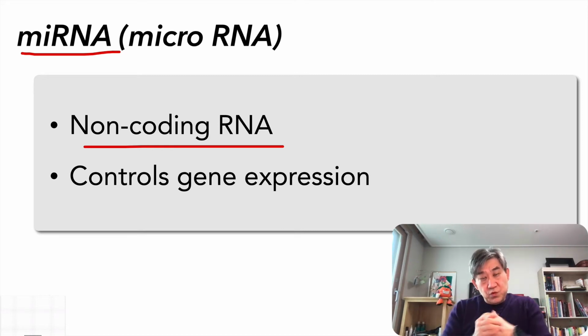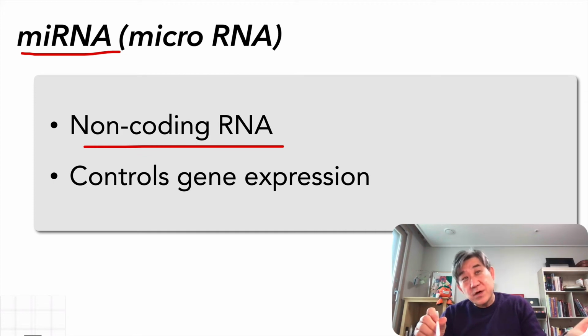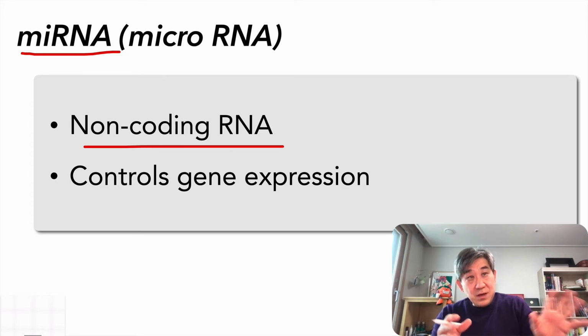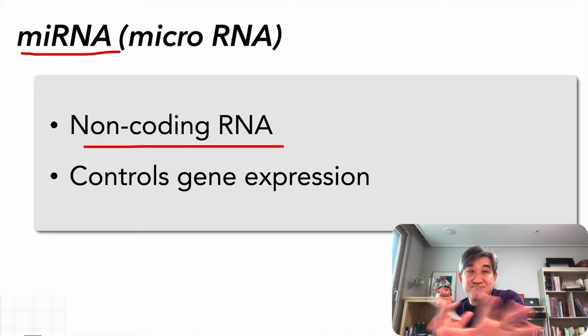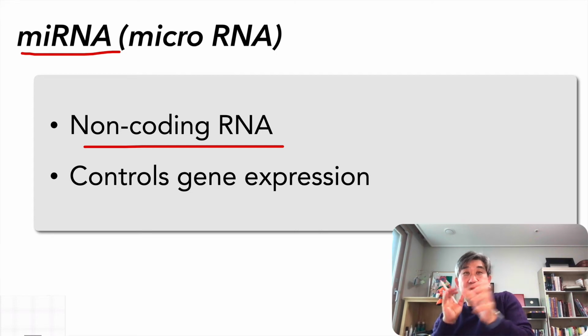One can easily be fooled into thinking, oh, this must be some type of messenger RNA, and later, if you examine carefully, it is not actually messenger RNA, but non-coding. It does not carry any real protein coding information, but it appears as if it is. It's a very interesting characteristic.